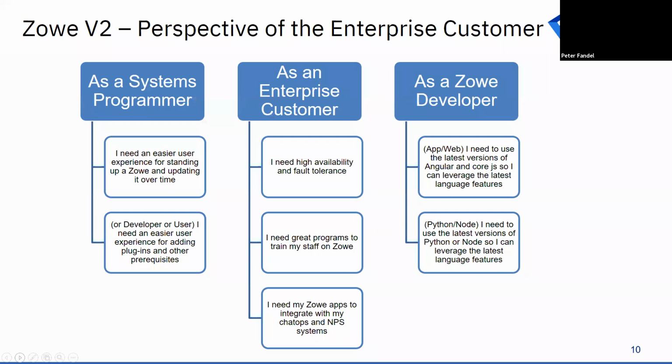So V2. So this is the perspective of the enterprise customer in terms of the needs of the enterprise customer that are driving the V2 changes. So as a systems programmer, I need an easy user experience for standing up a Zowe and then over time for maintaining it and updating it.